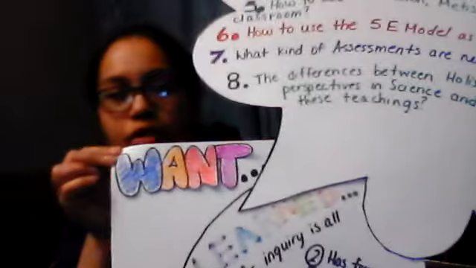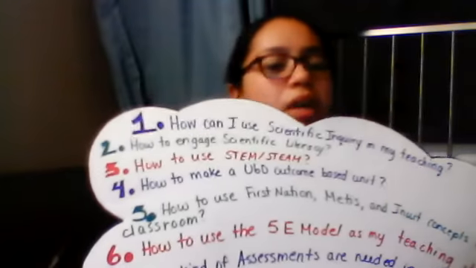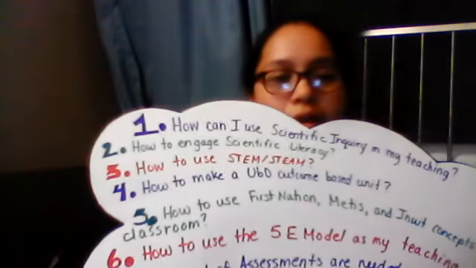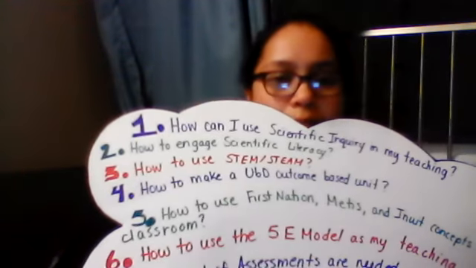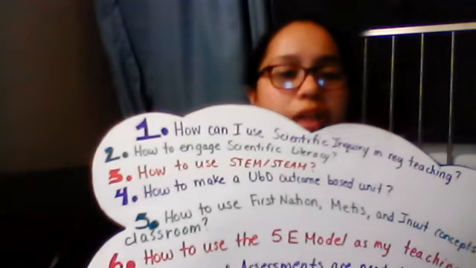And now I'm going on to what I want to know. This is a picture of me, and in my brain I want to know, number one, how can I use scientific inquiry in my teaching? Two, how to engage scientific literacy.